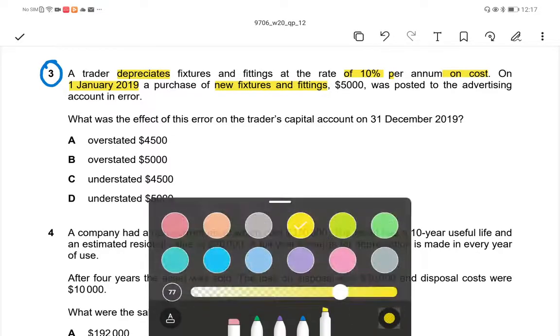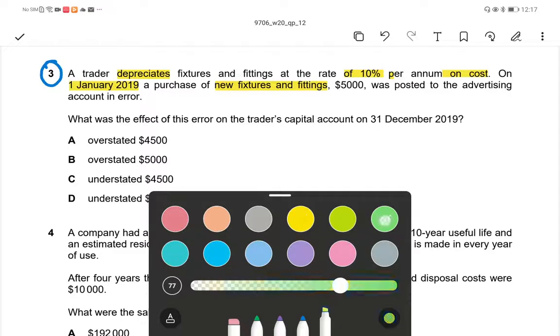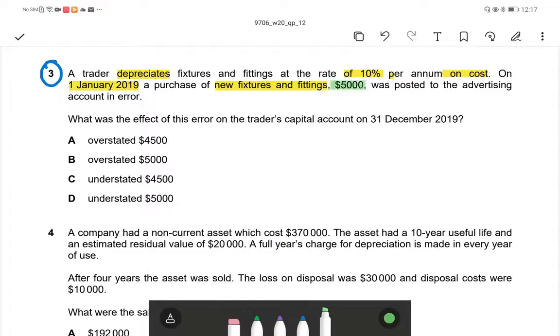The price is $5,000, but it was posted to the advertising account in error. They made one error: the purchase of a fixed asset was put in the advertising account. Advertising is an expense. So what is the question?